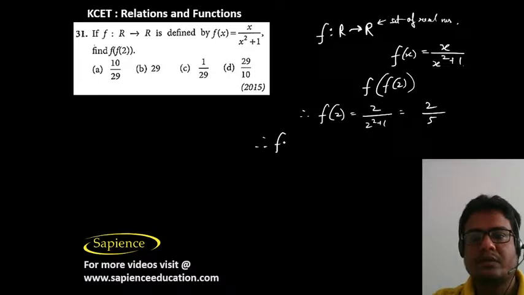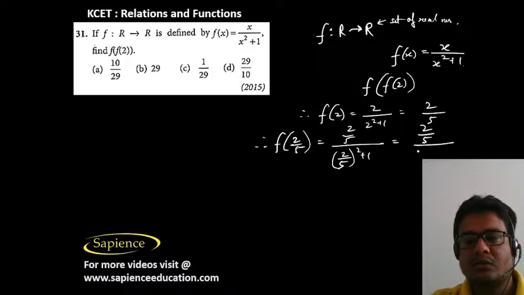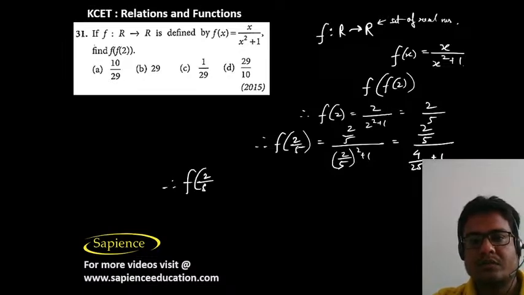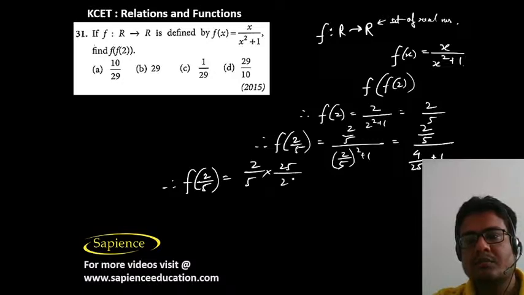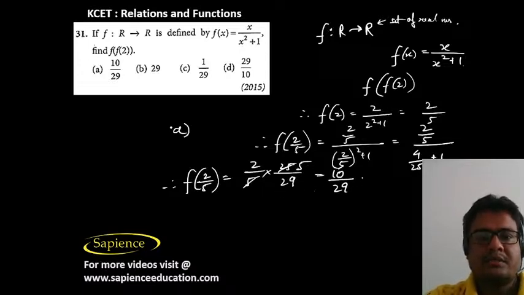Now we have to find f of 2 by 5. f of 2 by 5 is 2 by 5 divided by 2 by 5 whole square plus 1. So that will be equal to 2 by 5 by 4 by 25 plus 1. So f of 2 by 5 would be equal to 2 by 5 into 25 by 29. So 5 5 is 25, 5 2 is 10, 10 by 29. So option A is the correct answer.